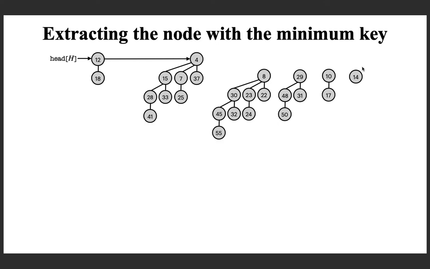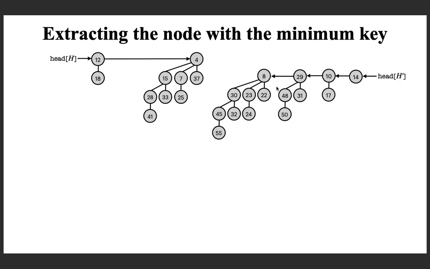You have removed the minimum key root node from the root list, and after that you can make a binomial heap with these trees from right to left. You can easily observe that if you remove the root, the remaining nodes can form a binomial heap.